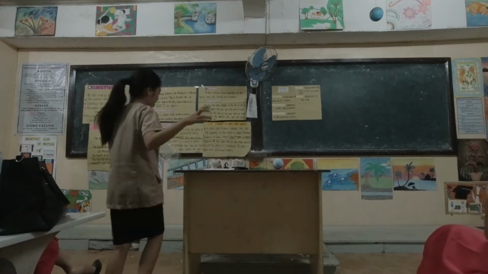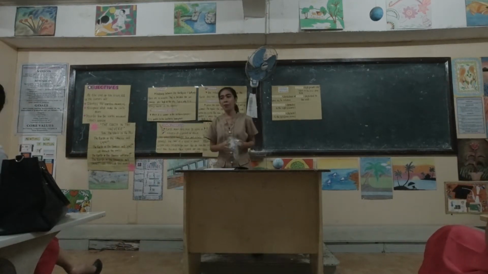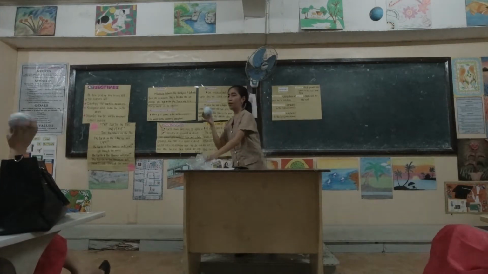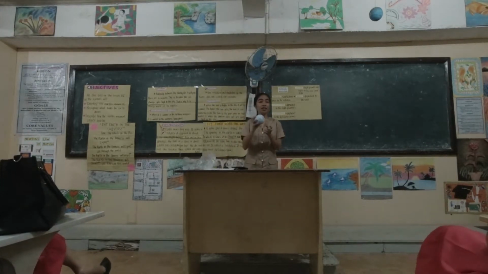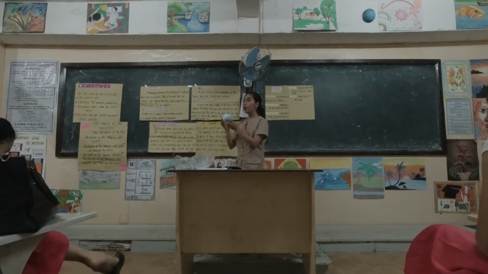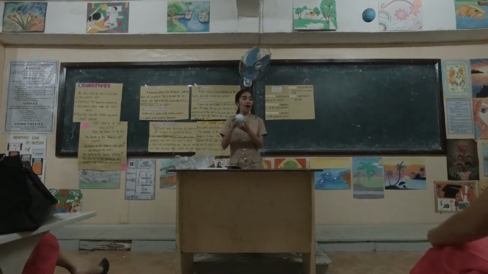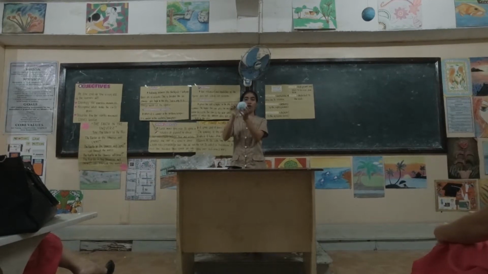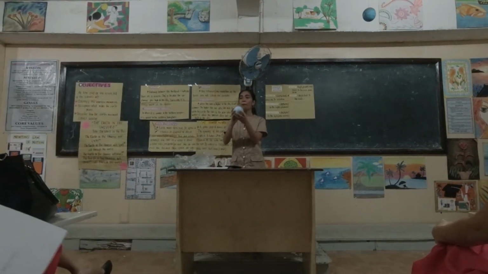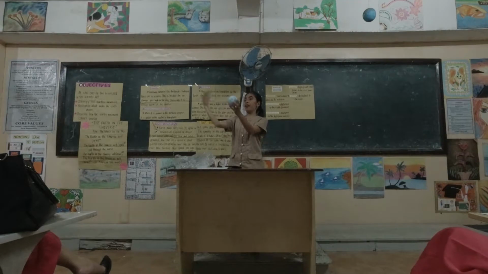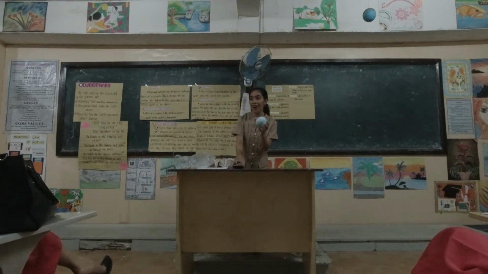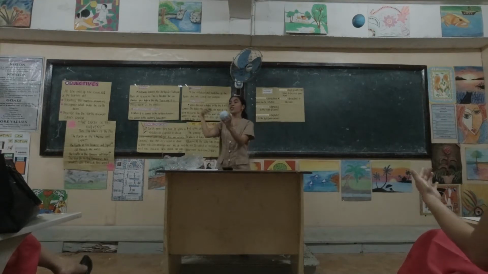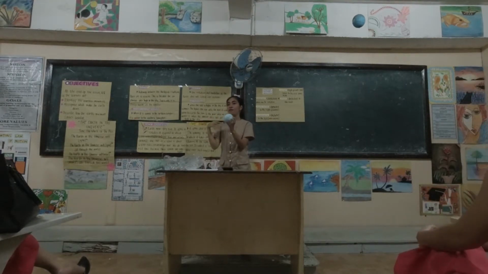So, class, are you curious about what this is? Yes, this is an improvised globe, or imagine na lang natin na ito yung Earth. So, nandito tayo sa loob. Tapos, yung nasa paligid ng Earth is yung mga galaxies in the universe.